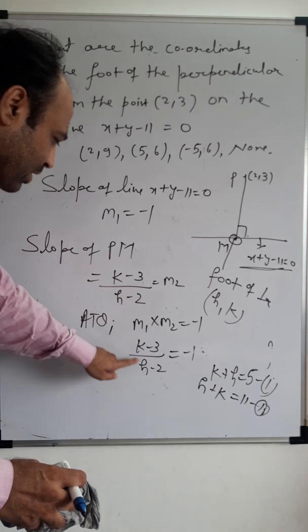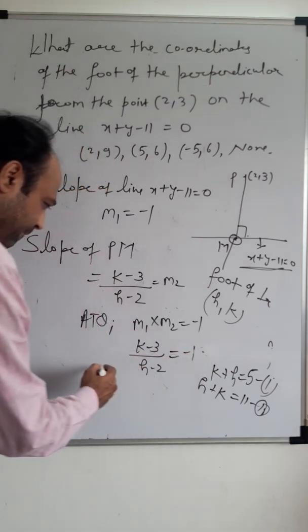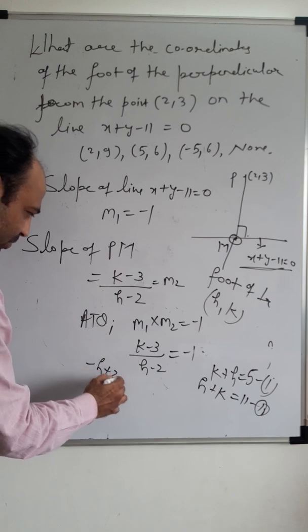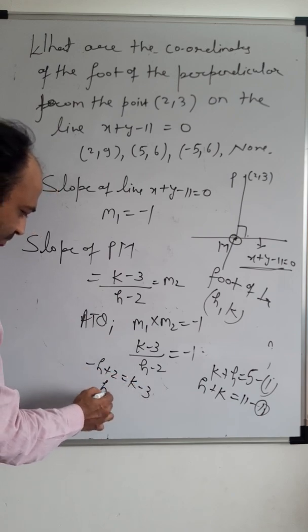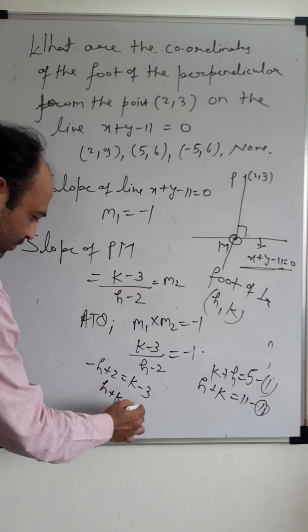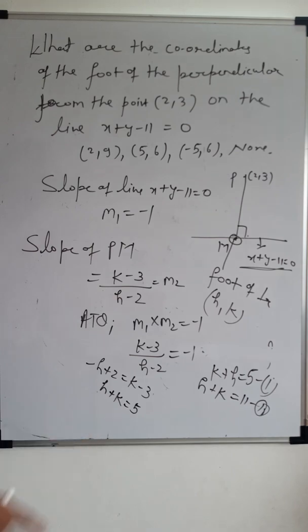See, (k - 3) upon (h - 2) is -1. So this is going to be -h + 2 equals k - 3. So h + k equals 5. And the second line is x + y equals 11.